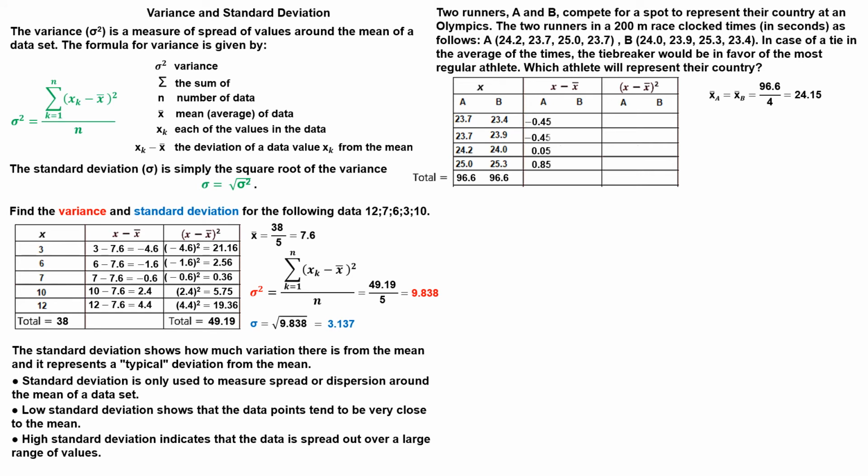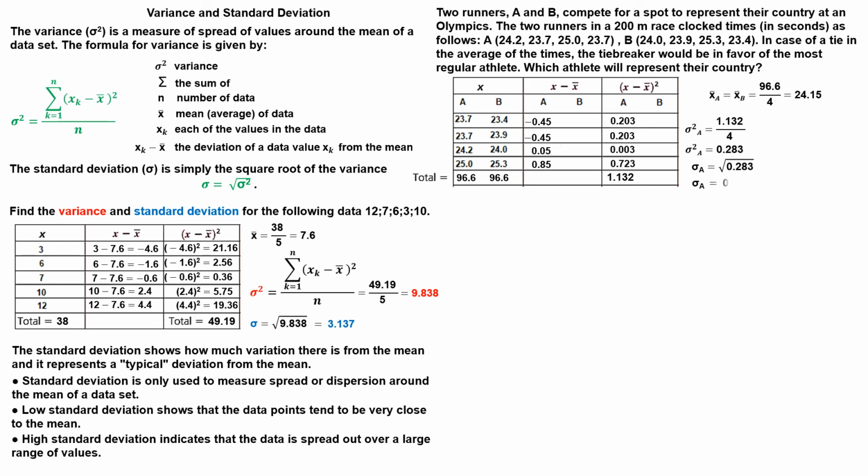Subtract the mean from each observation. Square each of the deviations. Add these squared results together. Divide this total by the number of observations. This gives the variance. Take the square root to get the standard deviation.